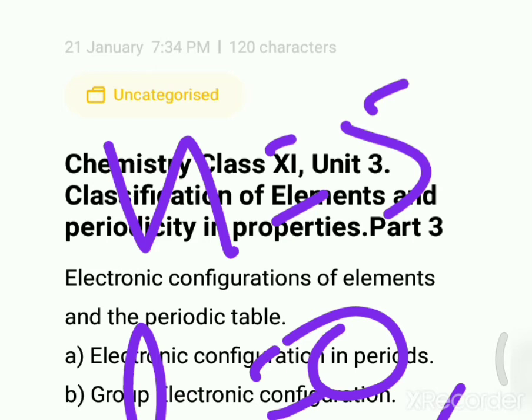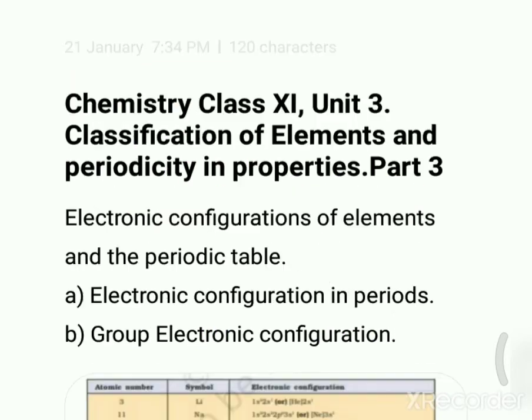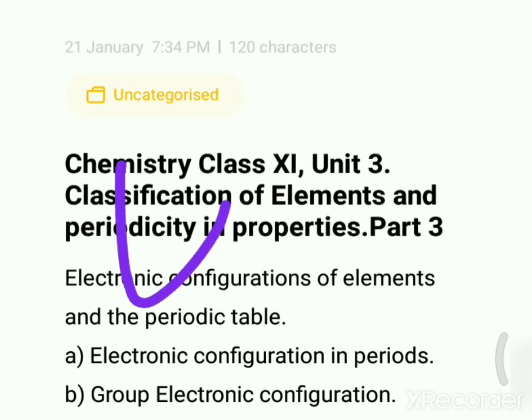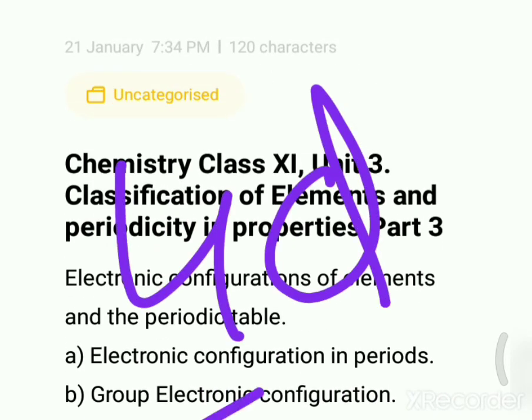The available orbitals are 4d, 5s and 5p, and their energy order is 5s is less than 4d, and 4d is less than 5p.